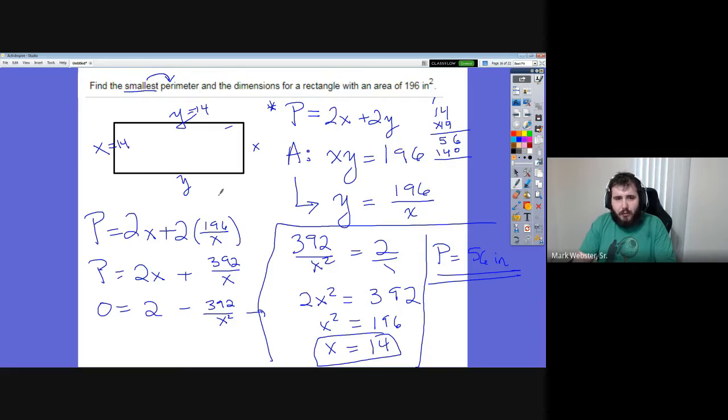Once I did that, I put it back into the context of the original problem, found all the pieces, and then I went back to the original directions and looked for the thing that I actually needed to answer the question. In this case, it's the smallest perimeter. And what is that? Well, if all these are 14, 14, 14, 14, I get 56. Okay?